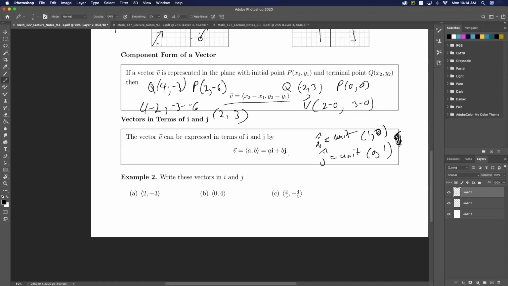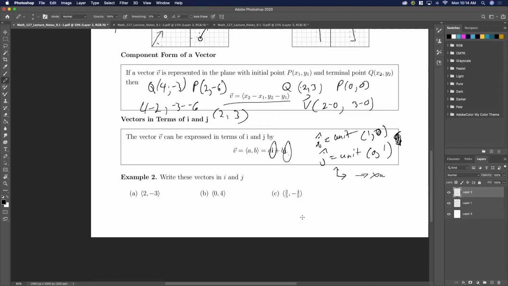So here we can see these are two unit vectors. Have you guys seen this IJ notation ever before? Yes. Okay. So for some people this is familiar, for some people it's not. Basically, I is the unit vector in the x direction, so it has a length of 1 and it points along the x-axis, right?